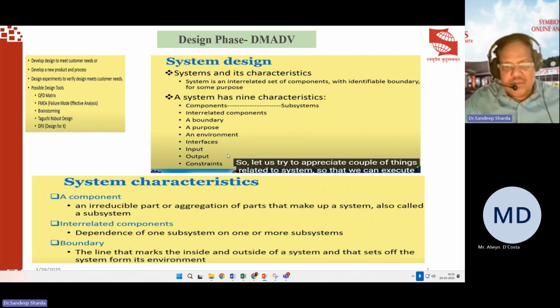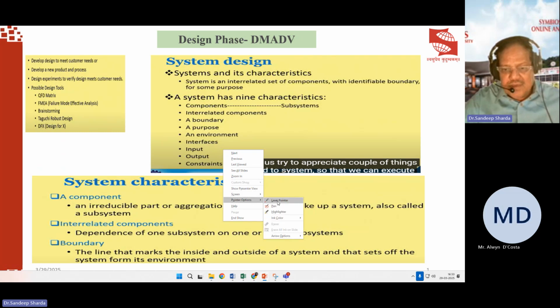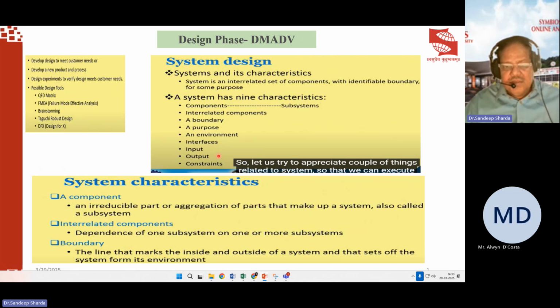Suppose we cannot put more than a maximum number of pages simultaneously into the copier machine; that is a constraint. Similarly, there will be output, the number of sets. If the number of sets cannot be met, we go for the manual process.